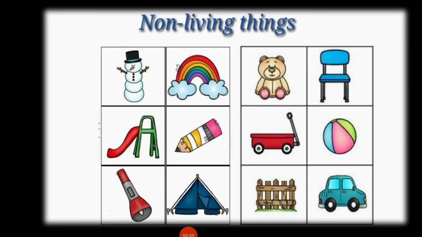They do not respire, as they do not require food for energy, and hence do not excrete. They do not fall into any cycle of birth and growth or death. They are created and destroyed by the external forces. Examples are stone, pen, book, cycle, bottle, etc.